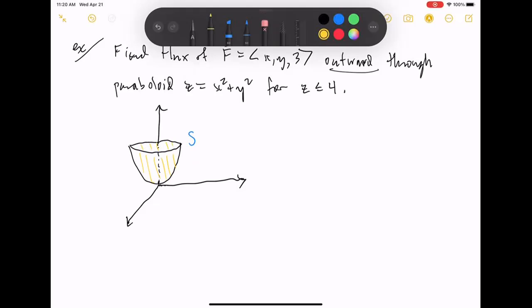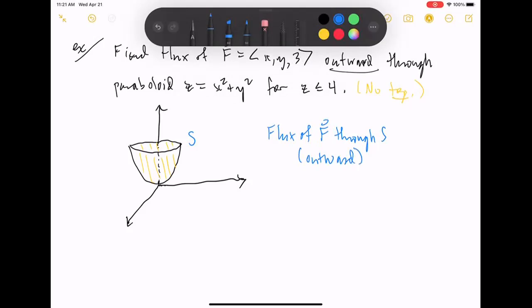Let's say no top in this particular case. So I want the outward flux through this paraboloid. I want the flux of F through S. And by the way, this is outward flux.